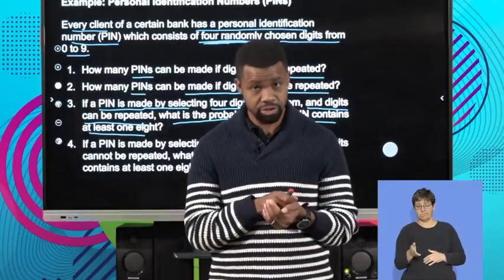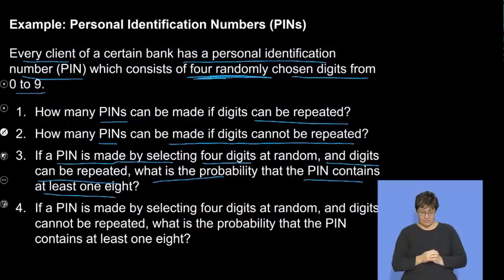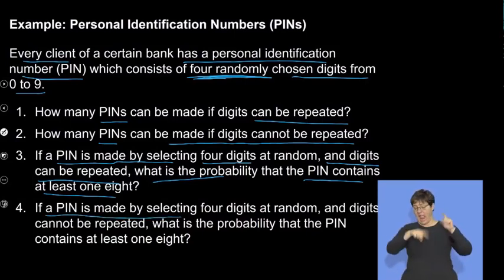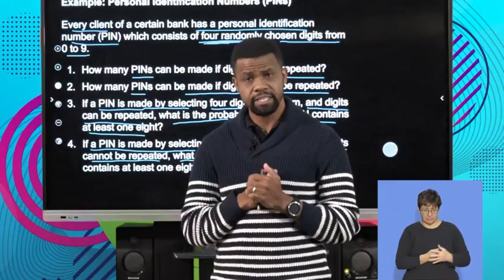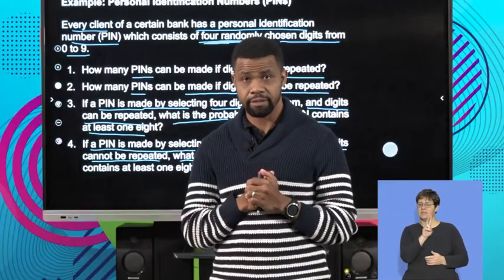Okay, interesting question. Then our last question, if a PIN is made by selecting 4 digits at random and digits cannot be repeated, what is the probability that a PIN contains at least one 8? Are we together? Fantastic. Let's see how we can tackle this.